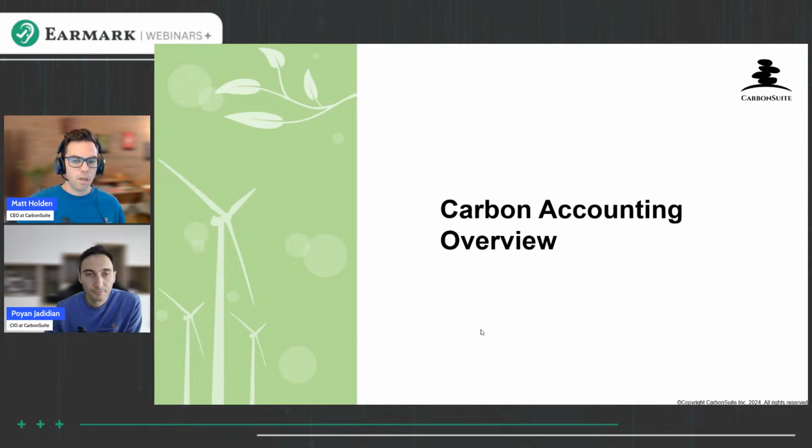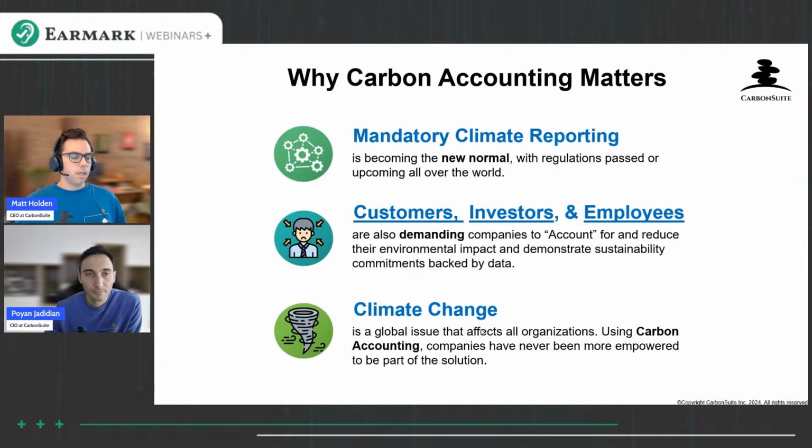Okay. So starting with just a very high level overview of why we're here. What is carbon accounting and why it matters? So first, why this matters, right? If you've heard of this term before and kind of seen it in your business and maybe in the accounting profession recently, we're seeing that around the world, mandatory reporting on climate and sustainability is becoming the new normal, right?